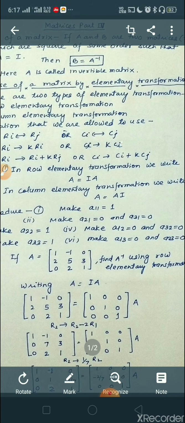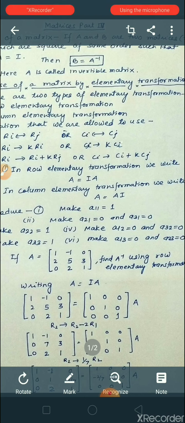Children, I told you in row elementary transformation we write A is equal to IA. So we do here, writing A is equal to IA. Now what is the concept? The concept is that on the right hand side A will be written as usual A, and on the left side A will be the given matrix, and I is an identity matrix, and we shall take it of order 3 cross 3 because A is here 3 cross 3.